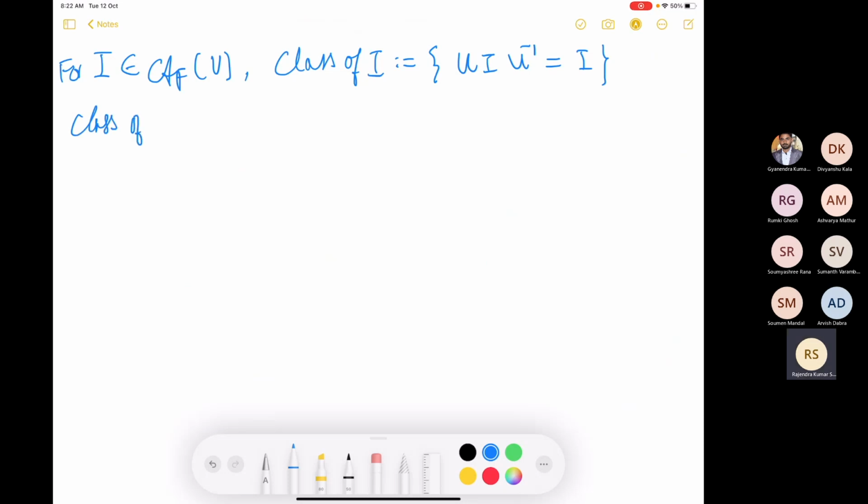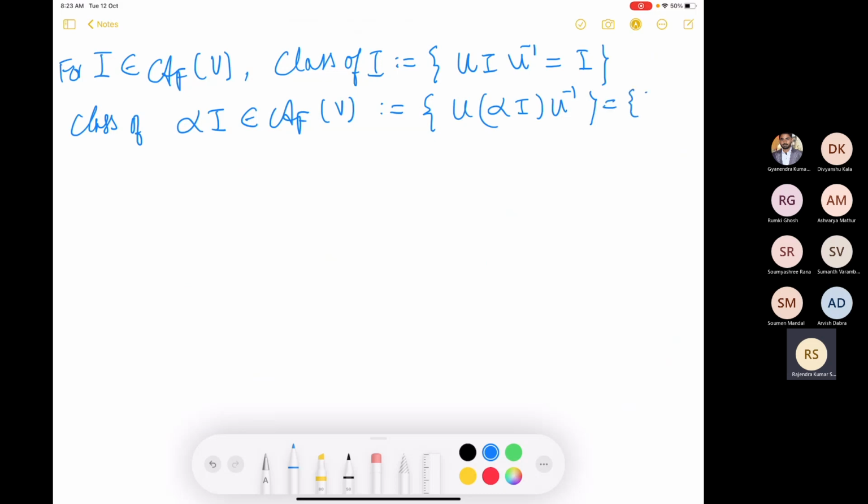Class of, say, alpha I, where alpha is an element of F, which is a linear transformation. So the class is U alpha I U inverse. What you see here is that this is the same as alpha I, because alpha I always commutes with every linear transformation.